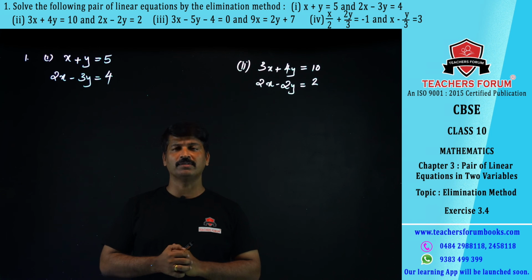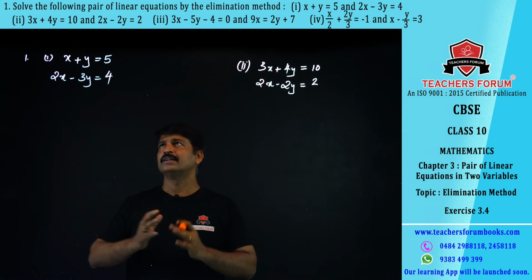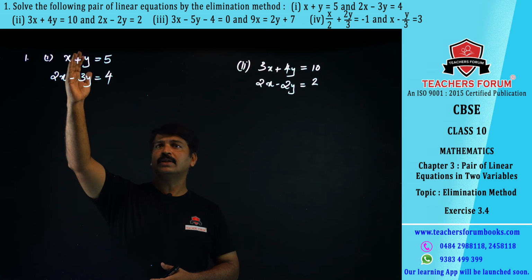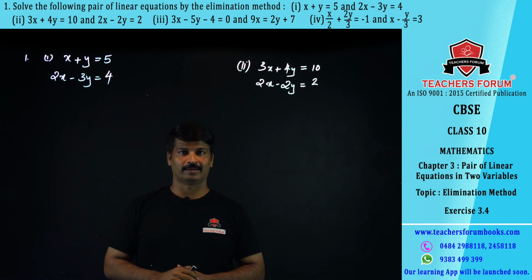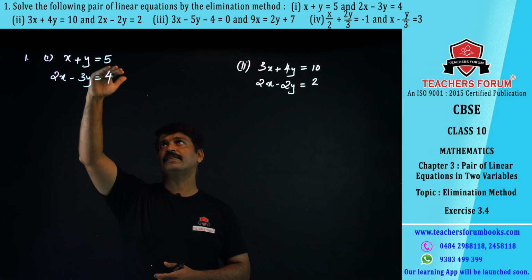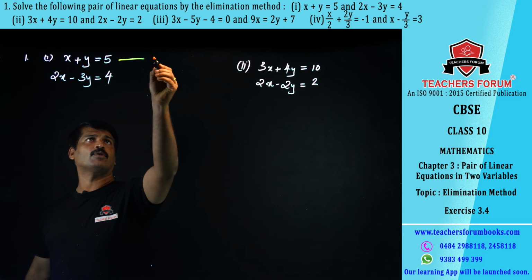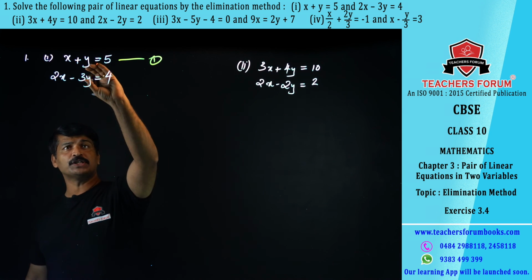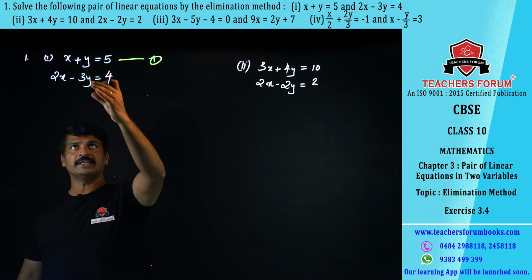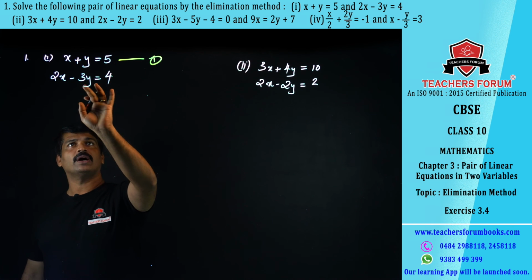Here, actually what we do is, we make the coefficient of the variable x or y equal. That is very important. In the first equation, what is the coefficient of x? The coefficient of x is 1. What is the coefficient of y? That is 1. But in the second equation, it is 2 and 3.